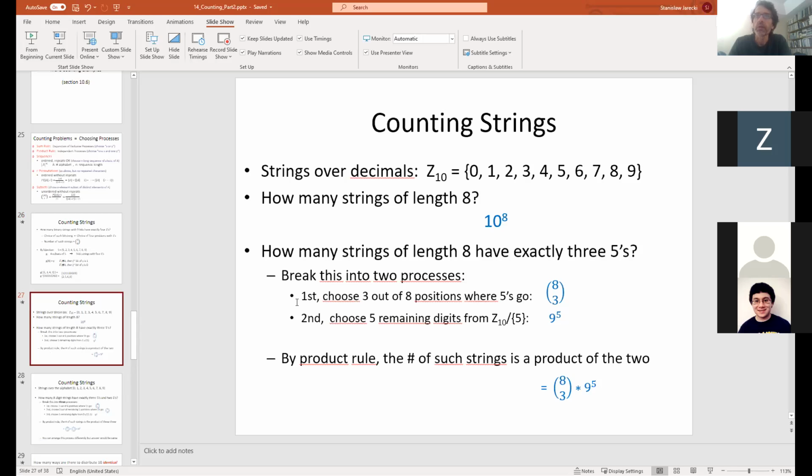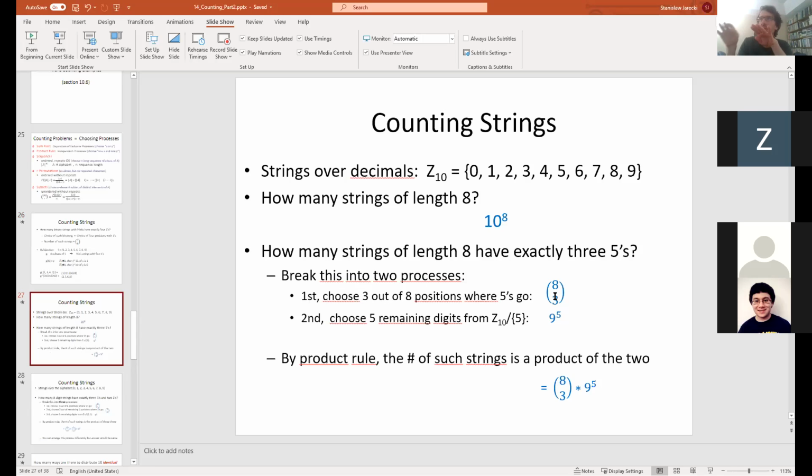First, determine the spaces where the 5s are going to go. I'm taking a length 8 string, and I have to have 3 5s in it. So let's choose the positions where the 5s would go. How many choices? It's a set of 3 positions among a set of 8 positions, right? So it's 8 choose 3.